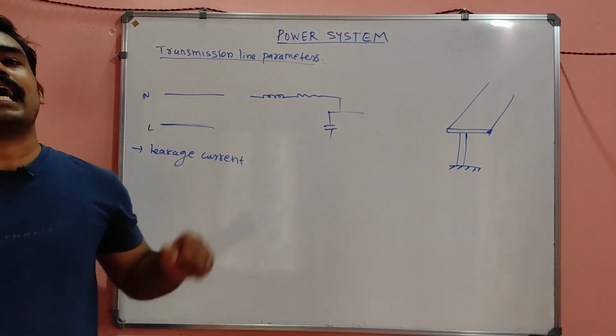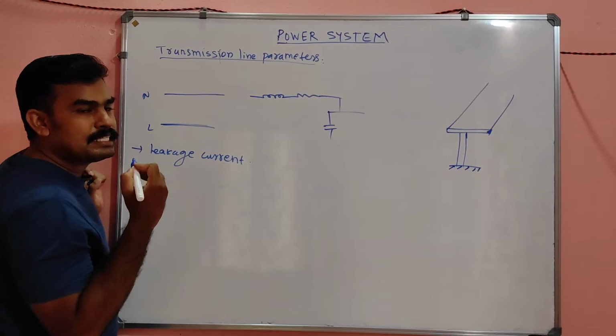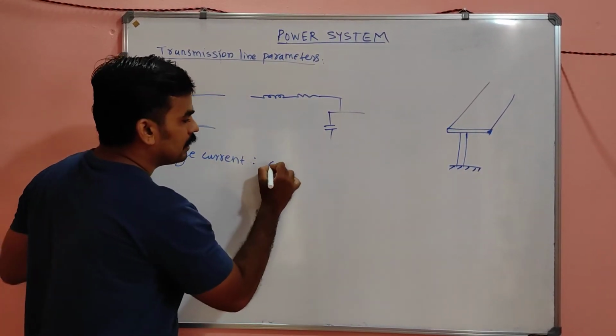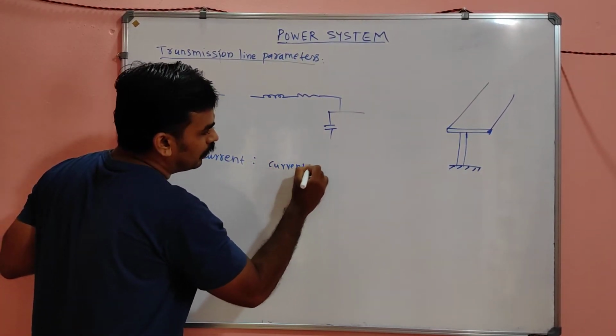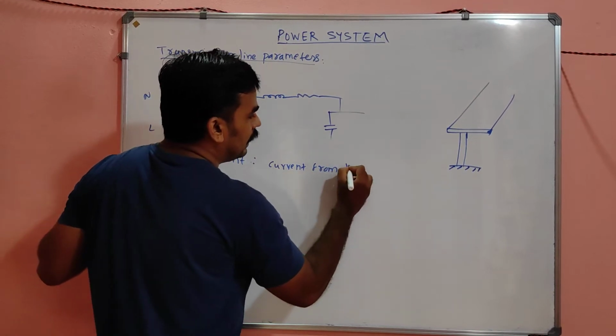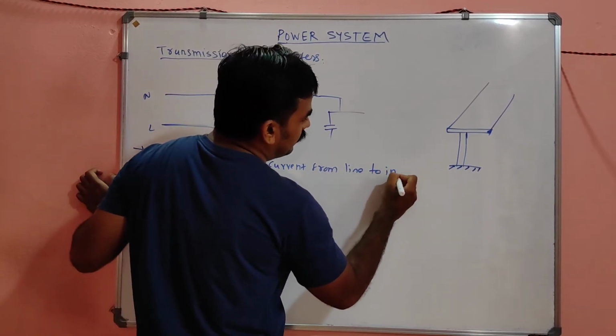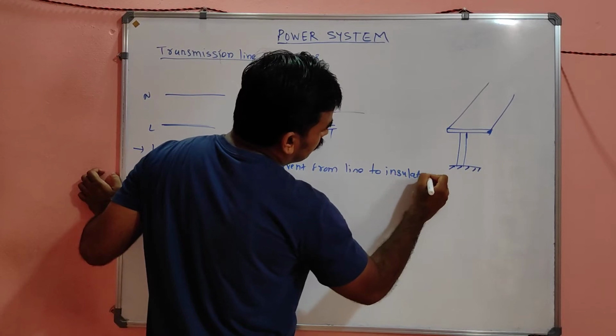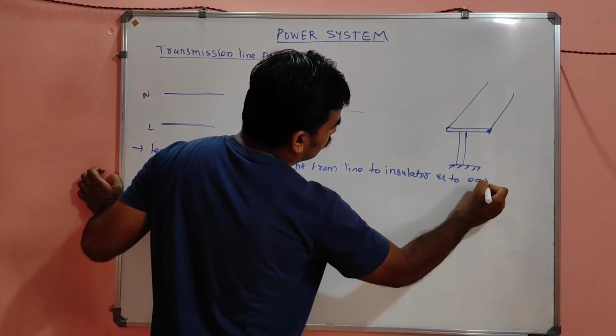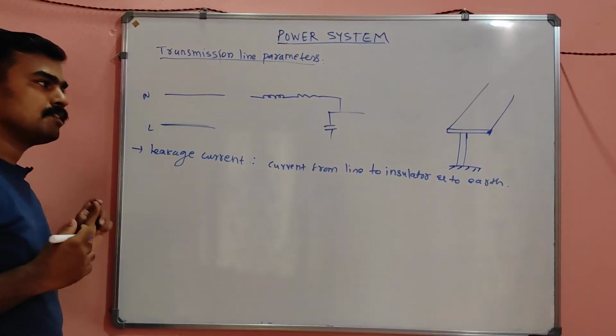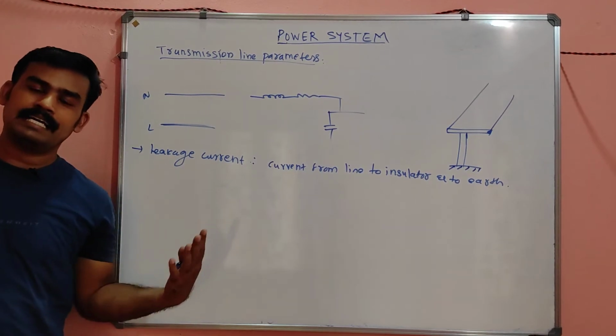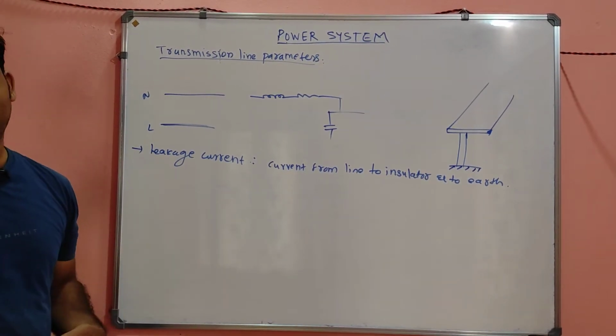So there will be a chance of current flowing from line to insulator and to earth. That current is called the leakage current in a transmission line.